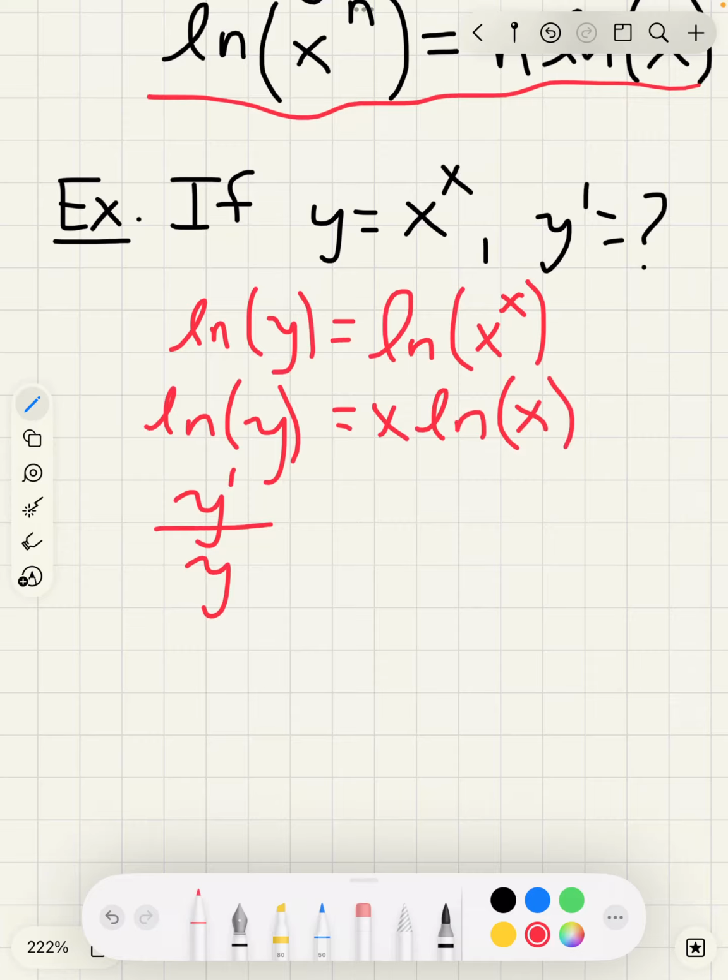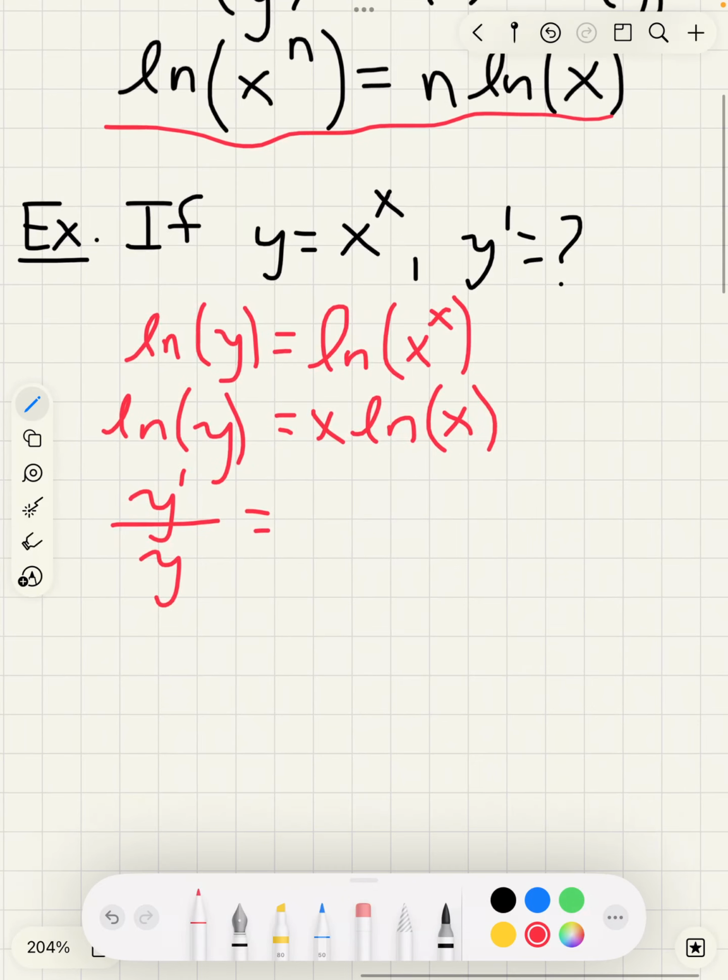Second one, when I take this derivative, I have to remember my product rule, right? Product rule because one of my factors involves x, the other factor also involves x. So remember our product rule, derivative of the first times the second, so that's 1 times natural log of x, plus the first times the derivative of the second.